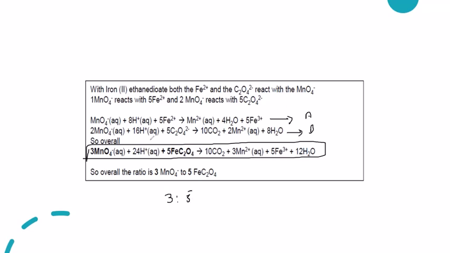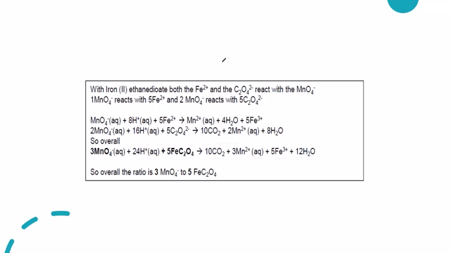Is it clear? So basically how we'll solve this type of question. First, we will have the concentration and we'll know what volume of potassium manganate is used. So we'll get the moles of potassium manganate. And from moles of manganate, we'll get the moles of iron 2 and ethane dioate using the ratio 3:5.